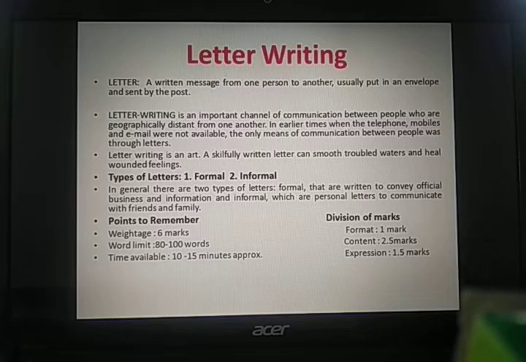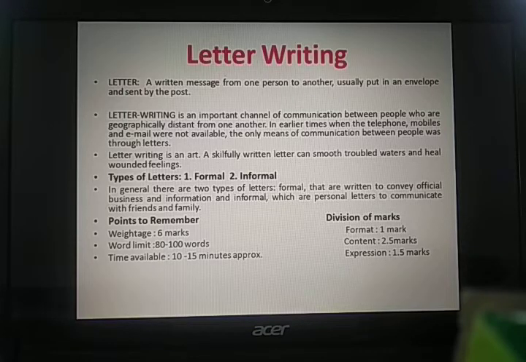Okay, now points to remember: weightage. It has been written as 6 marks, but that is in the senior classes. For you, it would be 5 marks. It should be 5 instead of 6. And if it is 6, then I will tell you the division of marks. And when it is of 5 marks, I am telling you how the marks will be divided.